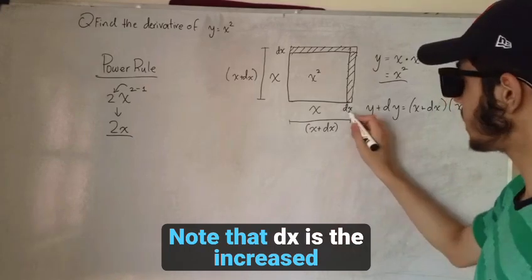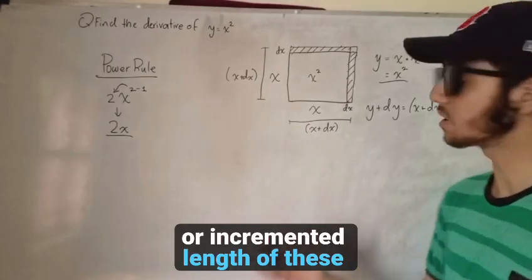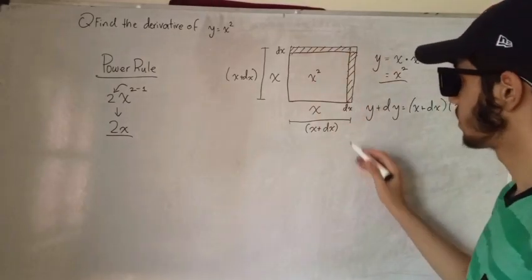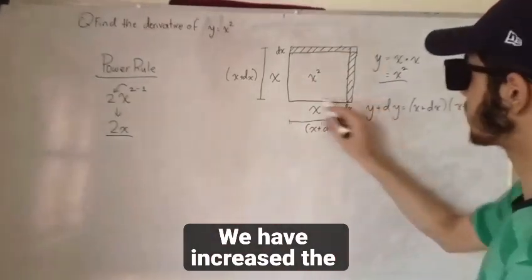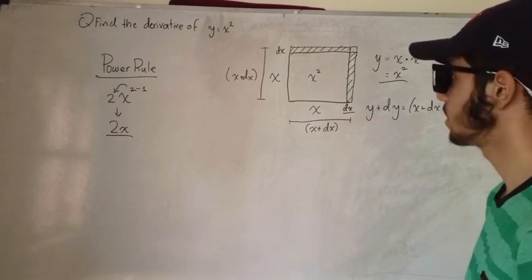Note that dx is the incremented length of these sides, which was originally x. We have increased the length of this side by dx.